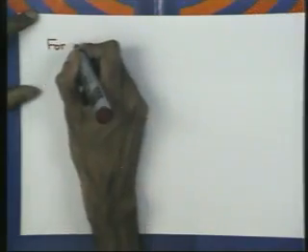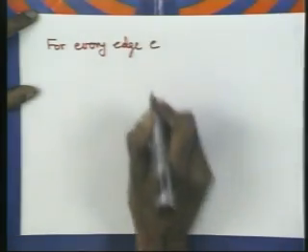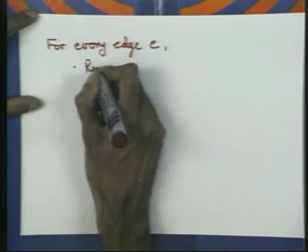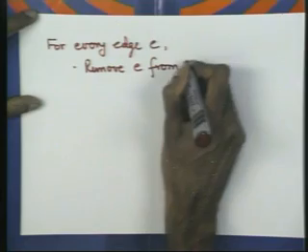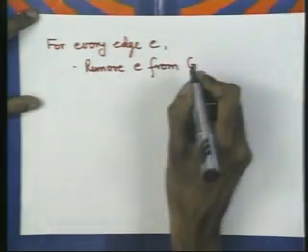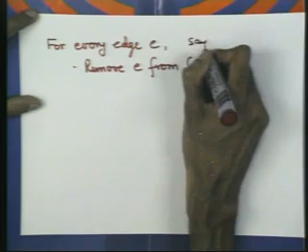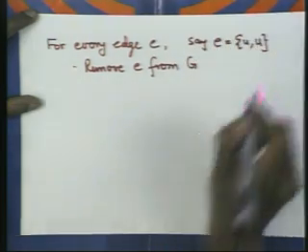So the algorithm is this: for every edge E, do the following. Remove E from G. Let's say E is UV.